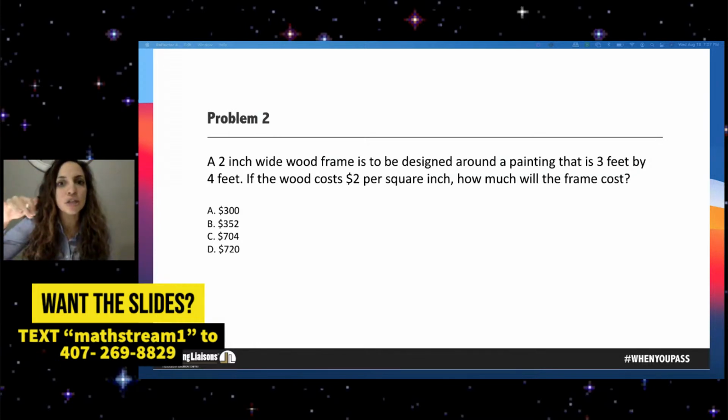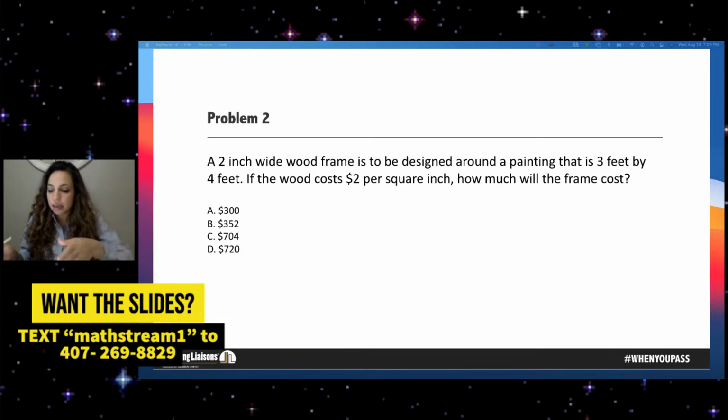And what I really need you to understand as you're studying for these exams is that questions are not going to just point blank ask you, what is the Pythagorean theorem? How do you find area? What is the area formula? A lot of the questions are going to scope a lot of different concepts all in one question. You really have to understand a bunch of different concepts at once.